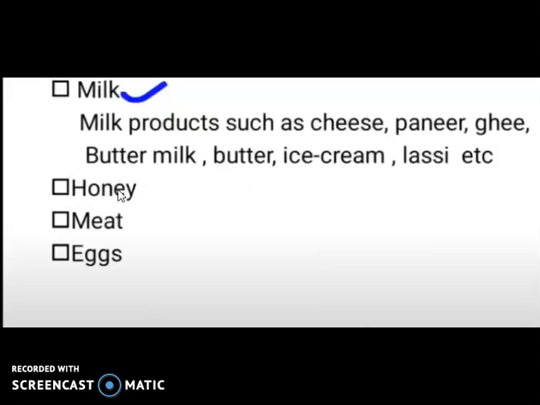Now next. Honey, we get it from the animals, that is bees. It is not directly an animal product, because they extract it from the plant and store it, and we collect that. Honey is not a thing that we extract directly from their body.